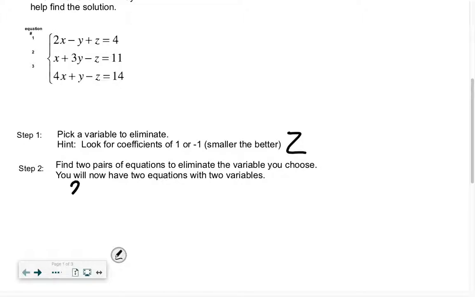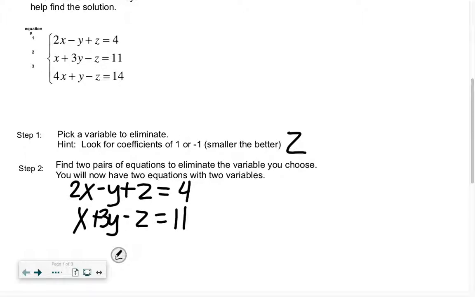The first one, 2x minus y plus z equals 4. And x plus 3y minus z equals 11. Okay, so let's do that one first. If I'm going to eliminate z, am I adding or subtracting?